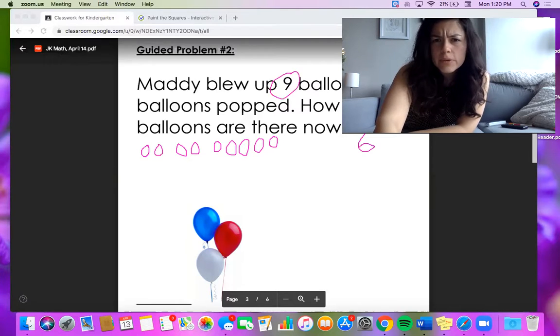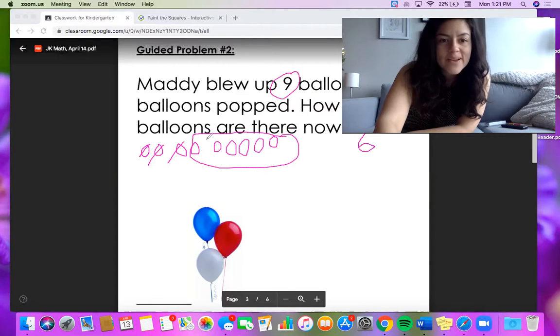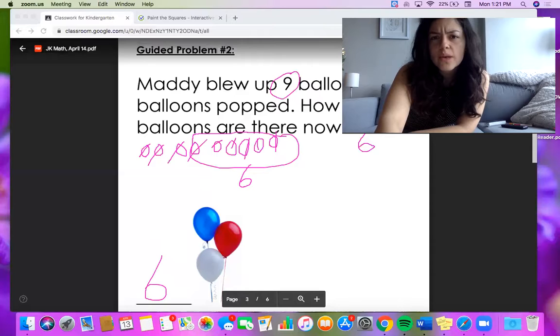Then how many balloons popped? 3 balloons pop. 1, 2, 3. And now we can circle what's left and count them together. Ready? 1, 2, 3, 4, 5, 6 balloons are left, which means that we got the same answer when we drew out the problem and counted on our fingers. Great job, girls.